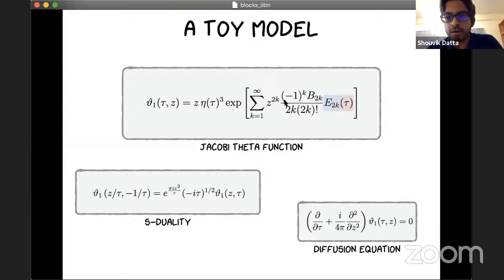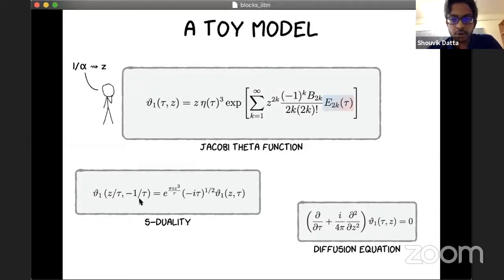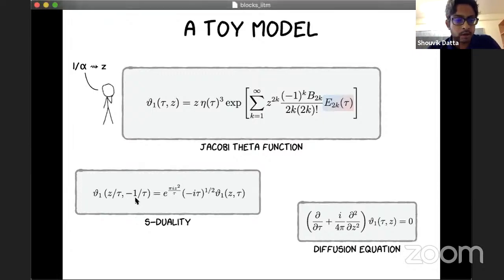Okay, so you look at this and your first reaction might be that probably 1 over alpha is related to z. And you have the S-duality relation, which is nothing but the S modular transformation of this θ1. θ1 goes back to θ1. And so the fusion kernel over here is somewhat trivial, and it's given by the delta function.